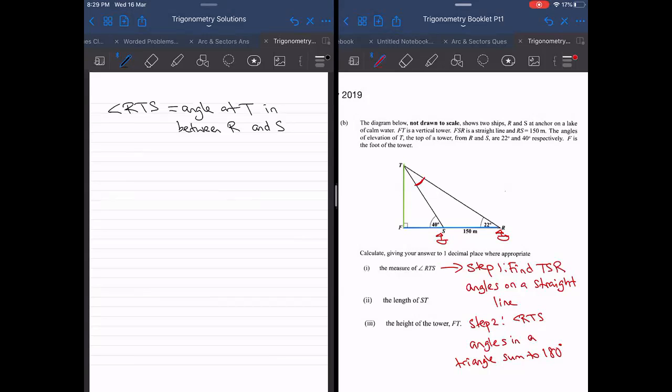So we're looking and we're saying, well, not too sure, but step one, using angles on a straight line sum to 180 degrees. I have the straight line and you have it going up. This side is 40.